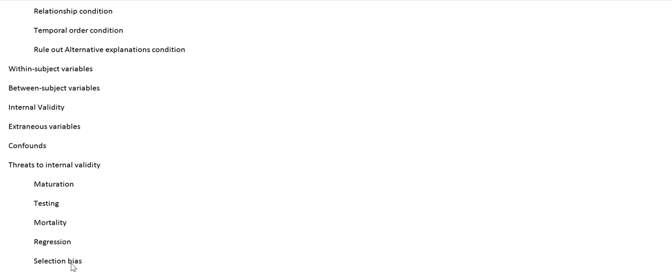So if a confound is introduced, then that could also lead to differences between the two conditions, which would weaken the internal validity of the design. So although of course threats to internal validity are a concern in randomized experiments, they're just less likely to be an issue if the randomization is done properly and the experimenter doesn't introduce confounds into the experiment.